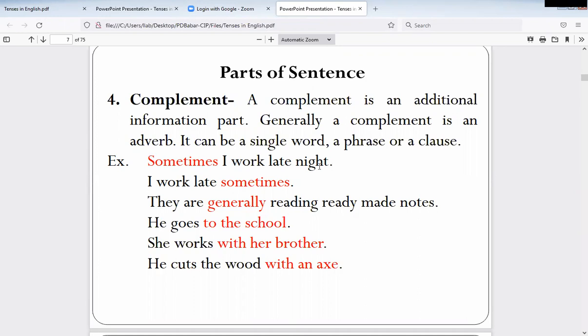Here, sometimes is what? It is an adverb, and it came at the beginning of the sentence. I work late night. So I is the subject, work is the object, and late night is what?